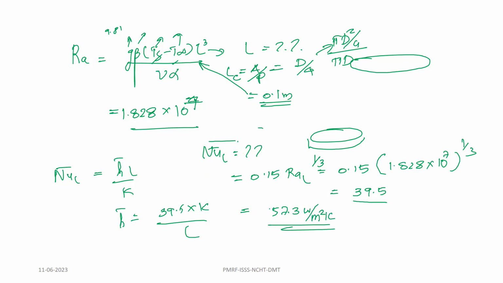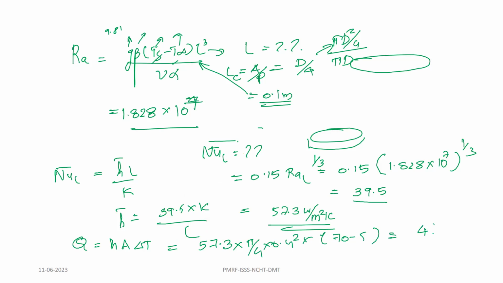Okay. Then the heat to be supplied. How much heat has to be supplied? The heat to be supplied is Q, which is equal to h A delta T. So h is 57.3, into pi by 4 into D square, into the temperature difference.